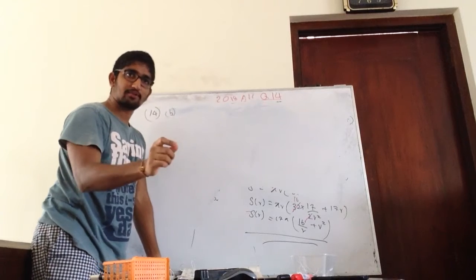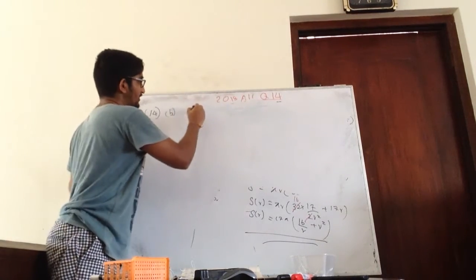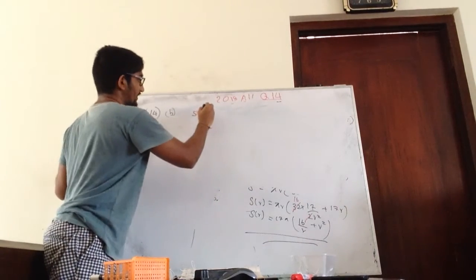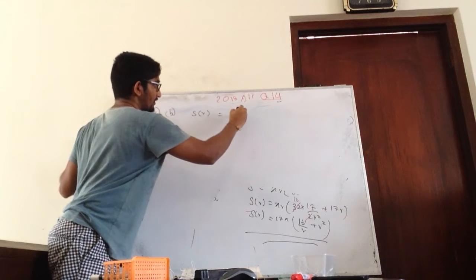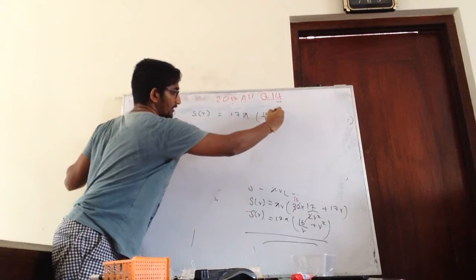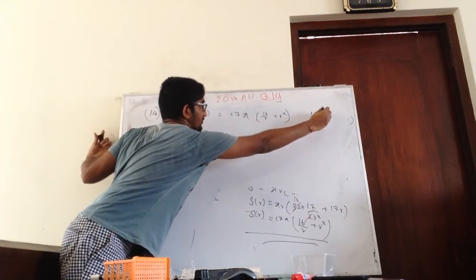They are not asking the value of S minimum, right? So we need to find the value of r. So S(r) is 17 pi (16 over r plus r square), where obviously r is greater than 0.